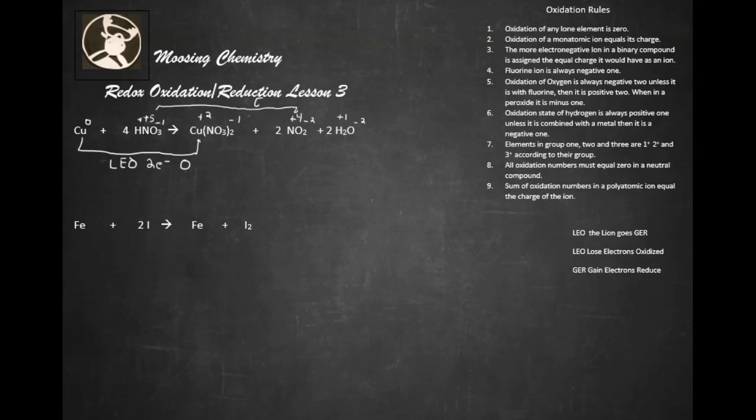So this one is going to grr. It's going to gain an electron. It's going from +5 to +4. It gains 1 electron, so we're going to call that reduction. Okay, that one's kind of hard to see, but there you have it.